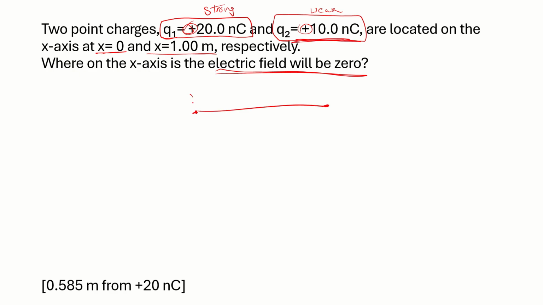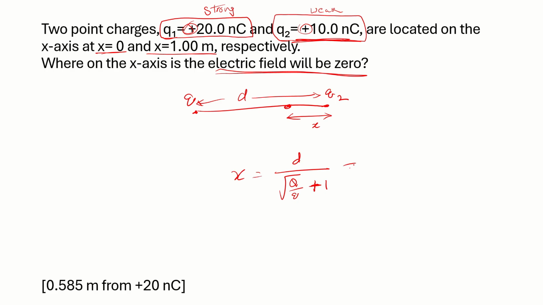This is Q1, this is Q2, and it is closer to the weak one. So this distance is x and the total distance is d, which is equal to 1 meter. Okay, the formula is x equal to d over square root of the strong one by the weaker one plus 1. Why plus 1? Plus 1 is for like charges.